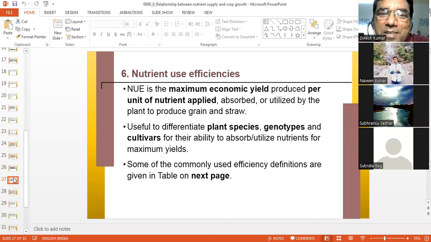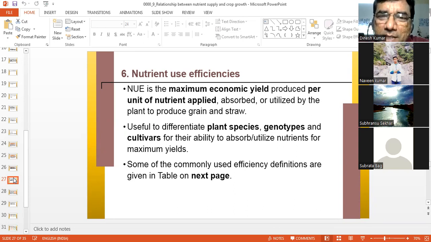I'm not forcing you, but I tell you, when you see the subject of nutrient supply and plant growth, the first thing is that you will not be able to find an answer or any content in any book. So we need to collect the things from here and there, and make a capsule, make a package.